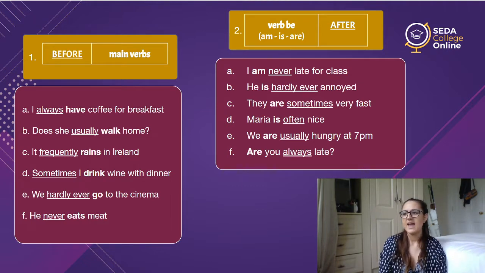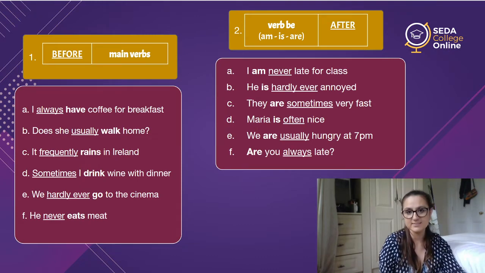And F, are you always late? So it's a question. Our verb be goes before the subject. If it's not a question, it's affirmative: you are always late. You just change the order.